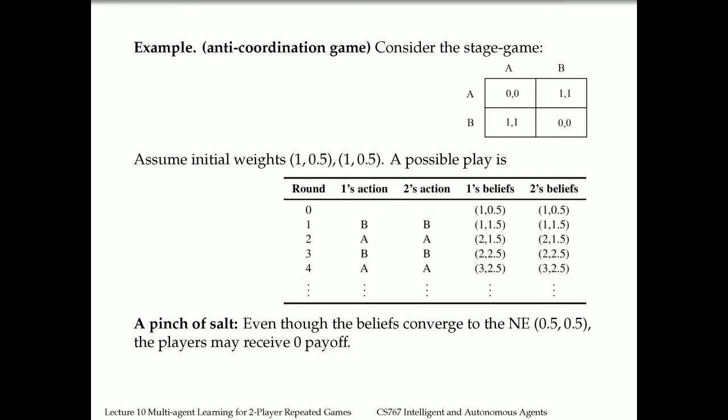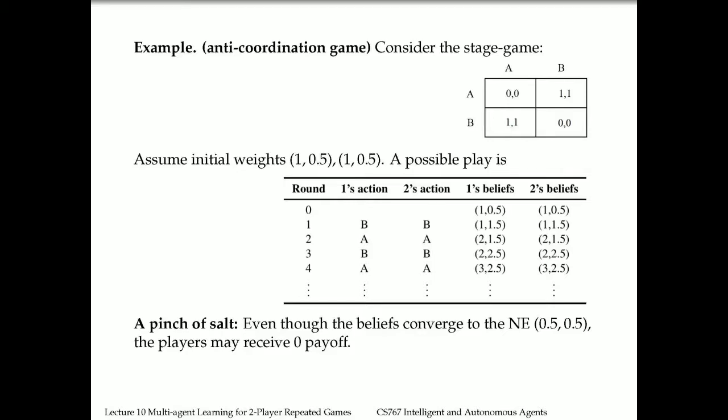Then we play this game. When we play this game, you see that the agents have their beliefs, and according to the beliefs, they make decisions to play the next stages. If you run this for enough number of times, you'll see that the beliefs of both players will converge to 0.5, 0.5.